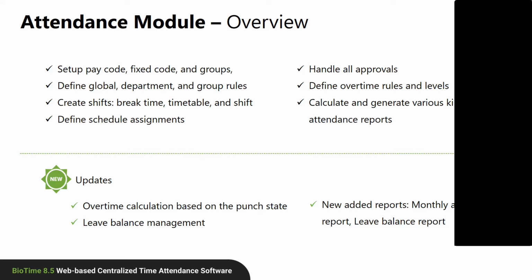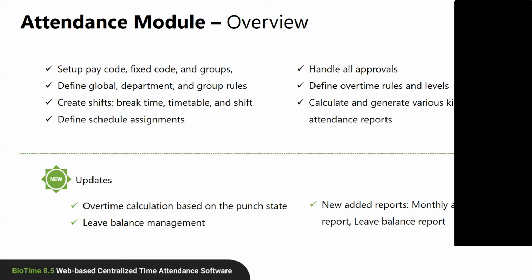Then we have creating shifts, like break time, timetable, and flexible normal shifts. You can define the schedules for the employees and view them, and there is a preview option. We can also handle all approvals for manual log, overtime, schedule adjustments, and training from the attendance module.